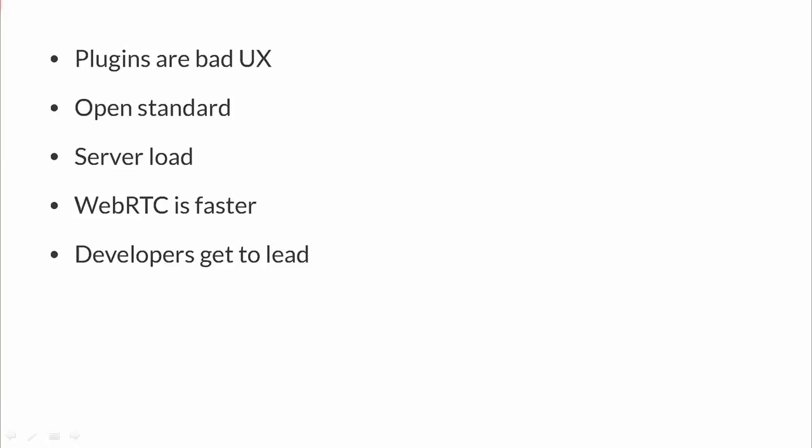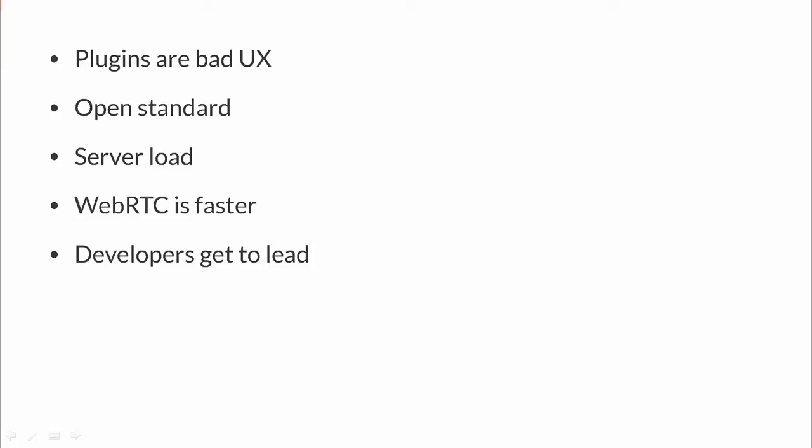So, why does it matter? Well, it matters for a couple of reasons. One, WebRTC is an open standard. Mozilla, Google Chrome, and now IE all support it. It's not a proprietary standard. Two, plugins are just not a good user experience in the first place.